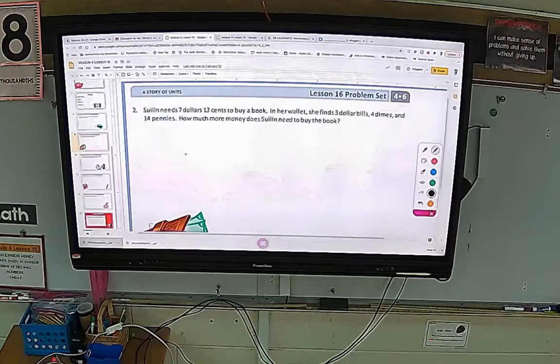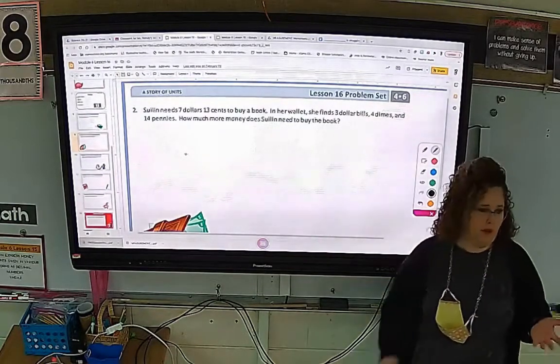All right, so this book, I've probably been in this situation before. You go to the store, you see something you want, you see the price. You go to check your wallet, or your pocket, wherever you put your money, and you ain't got enough money. And you might not have counted it, but you just know it's not enough. Okay, so her question is, how much more do I need?